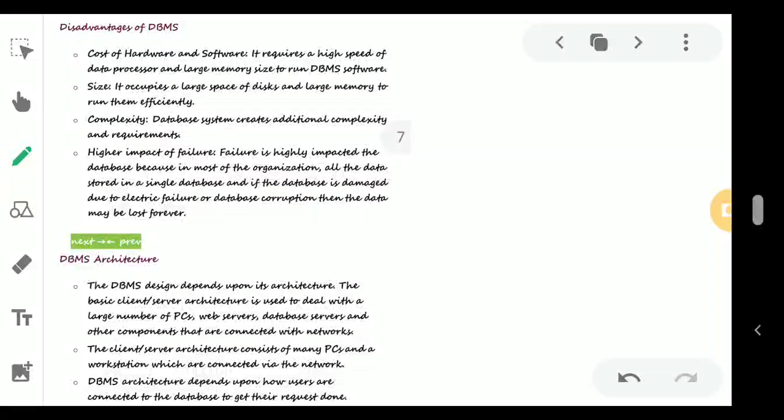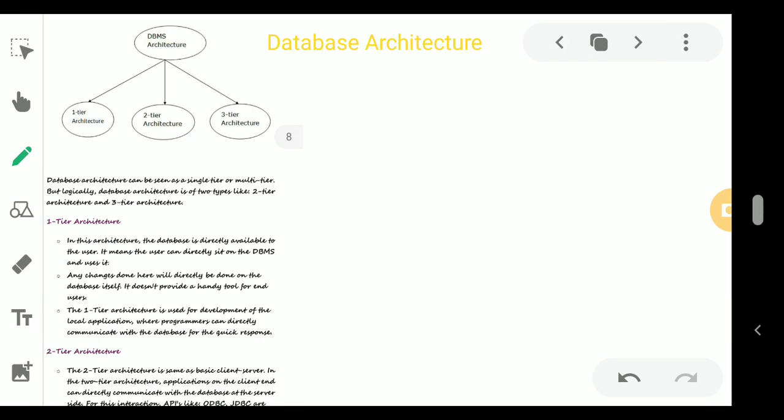Number two, the DBMS architecture depends upon how the users are connected to the database to get their requests done. Okay, so from this picture you are able to understand the DBMS architectures are of three types. That is one-tier architecture, two-tier architecture, and three-tier architecture.